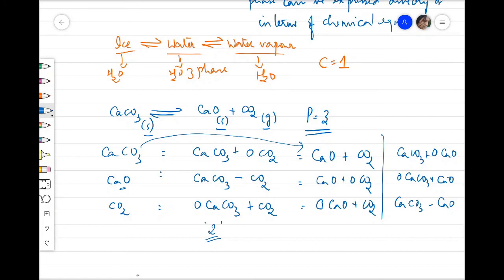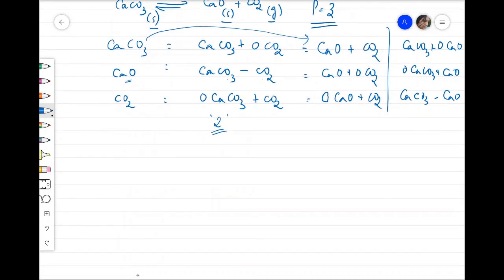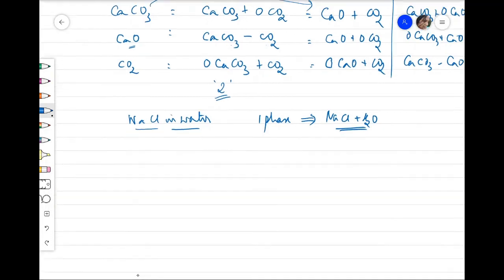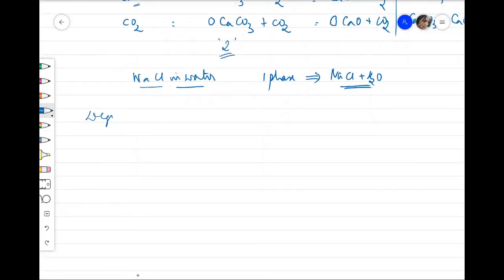This is how we should think. Similarly, if I have sodium chloride in water, as in saline, it is only one phase, but composition-wise there are two substances, and in this one phase it is NaCl plus H2O. So we state the composition that way.